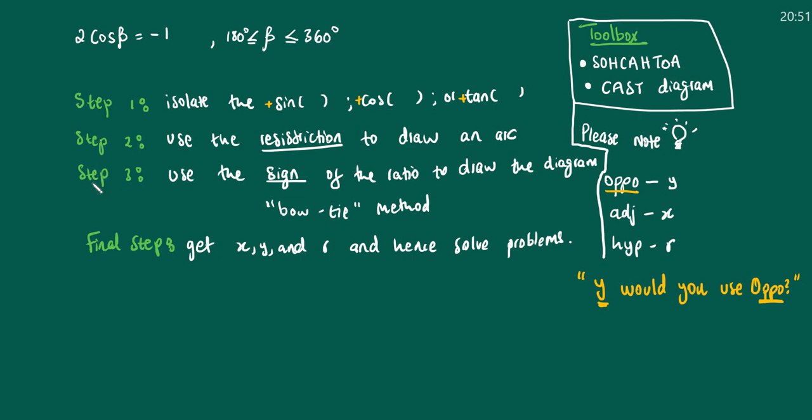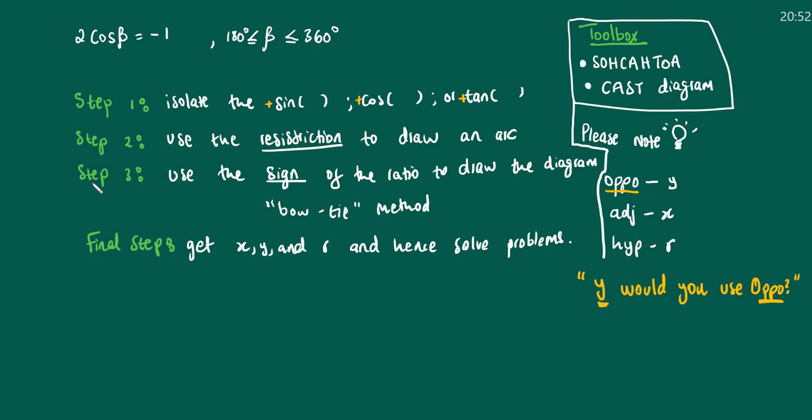These 3 essential steps are for you to draw the diagram in the correct quadrant. Then the final step is just for you to ensure that you are able to get all of your answers, X, Y, and R, and hence solve all of the problems. That is all. If you're able to do this, you're okay.